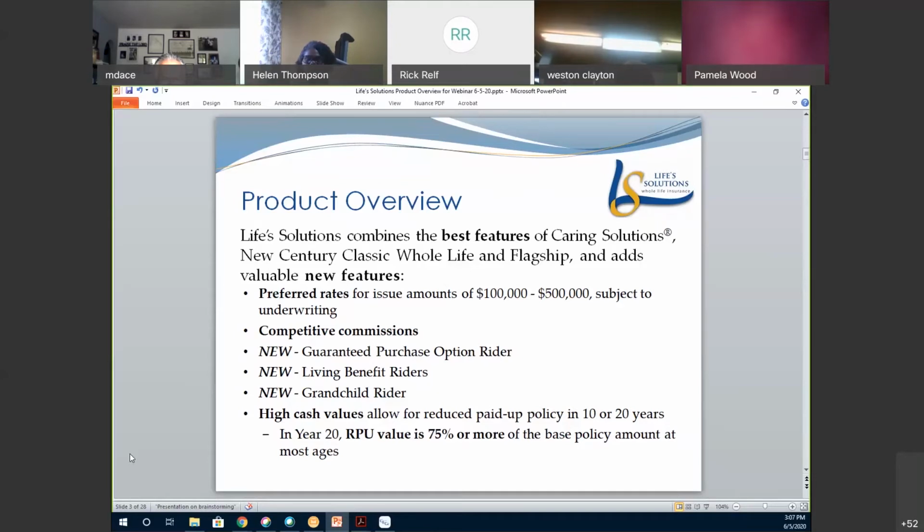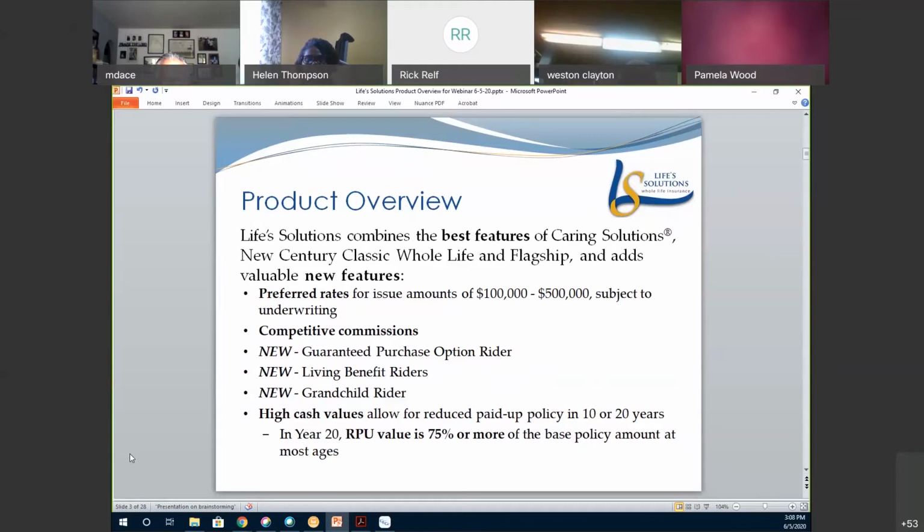We have living benefit riders where your clients can access a part of the proceeds because they have a medical situation and they want to take care of those, whatever the needs are related to that while they're alive. We have a new grandchild rider. If you've worked with us in our final expense product, you've seen a variation of the grandchild rider, and we brought it over here as well. And we're really excited, and we'll talk about what extra strength that brings to that policy for you.